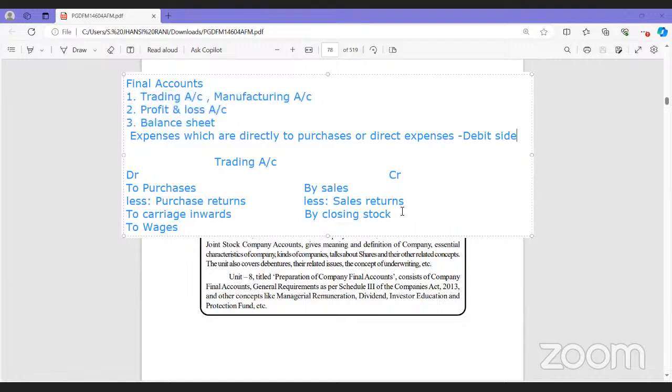Now, if I take the trading account for the year ending 31st March 2024, this closing stock will become opening stock on 1st April 2024. For this year it is closing stock.